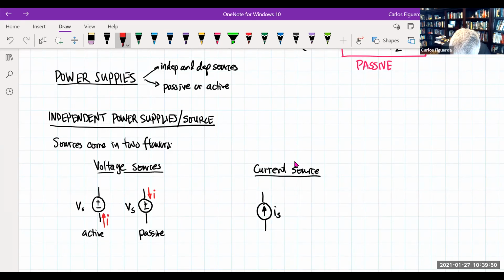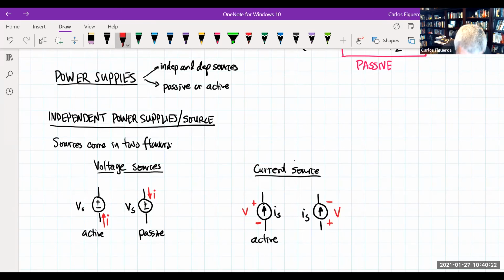So if the current enters the negative terminal, then this is an active current source, because the current's entering the negative terminal. On the other hand, if the current enters the positive terminal, right?